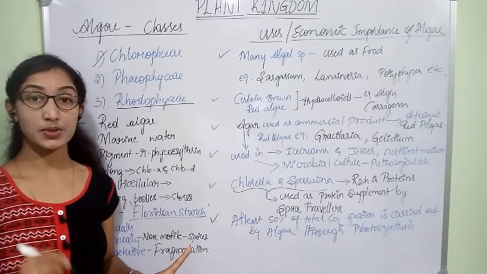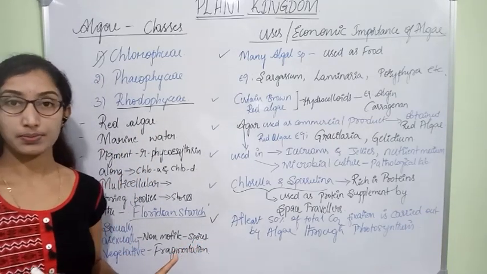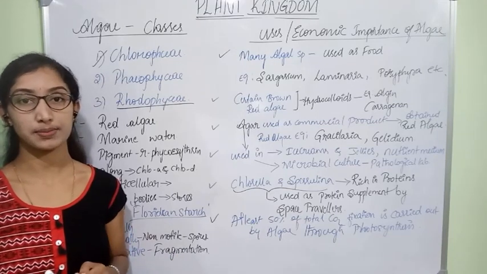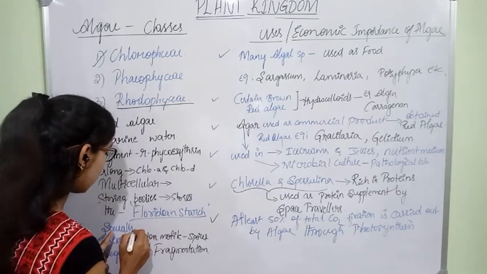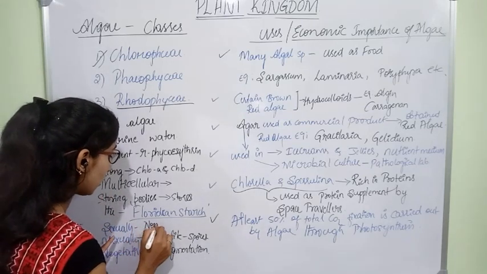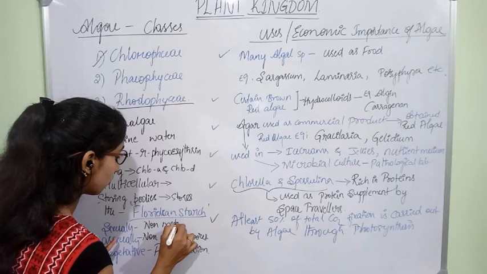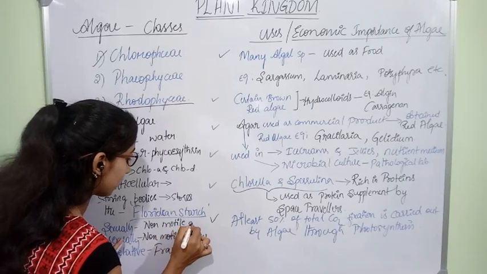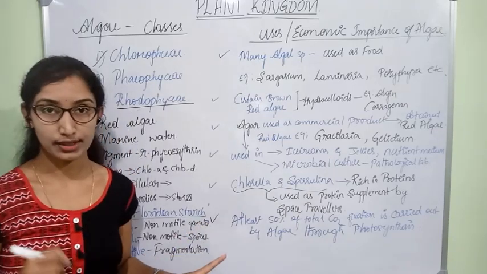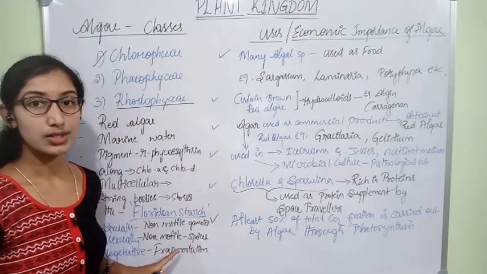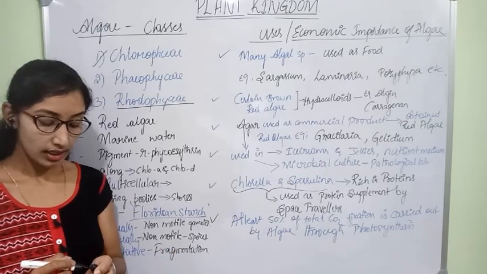In sexual reproduction, fertilization takes place by non-motile gametes. Here the non-motile gametes are involved in fertilization during sexual reproduction.